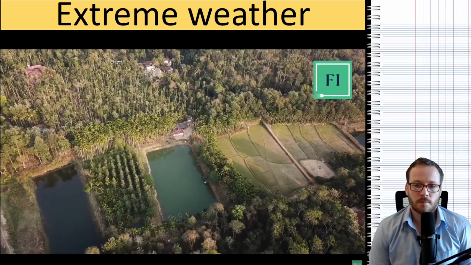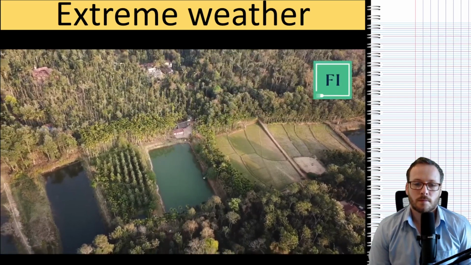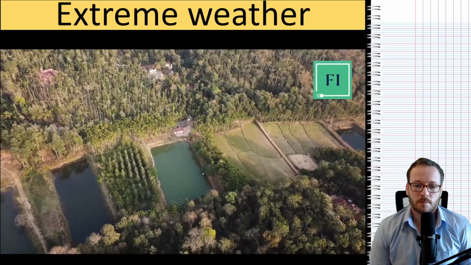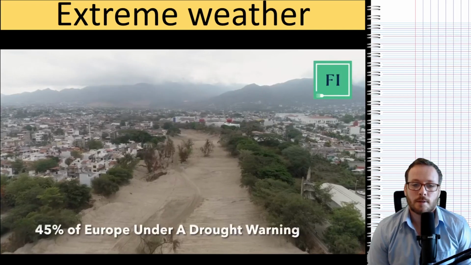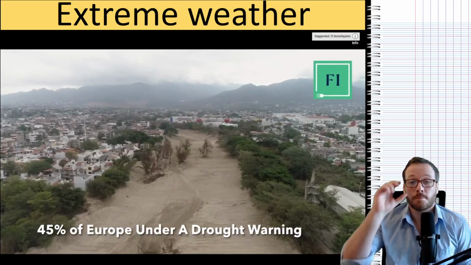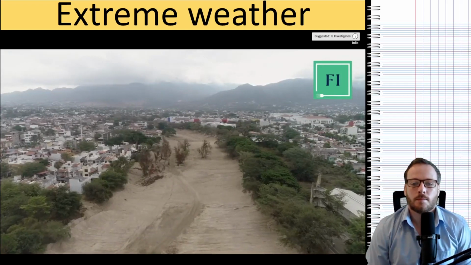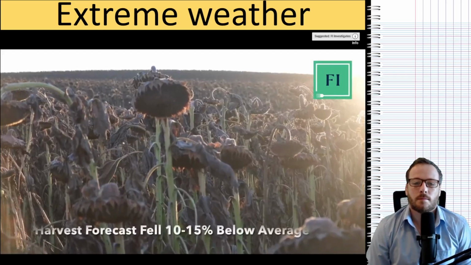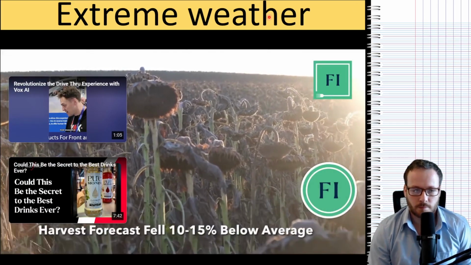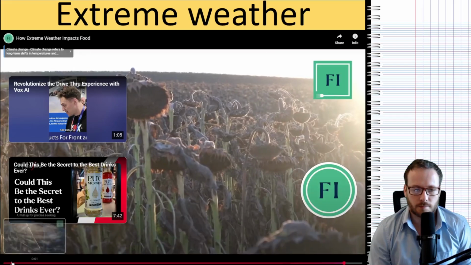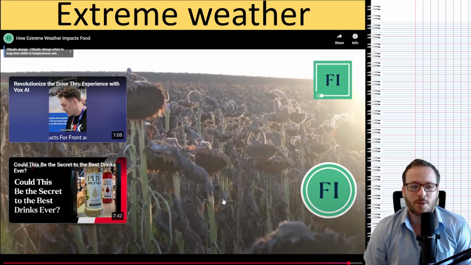Lack of rain also hurt crop growth in some regions of India, while extreme flooding in other parts of the country over-flooded fields. Europe wrapped up the summer with 45% of the continent experiencing drought warning conditions. The European Union forecasted harvests down 10 to 15% compared to the average of the previous 5 years.